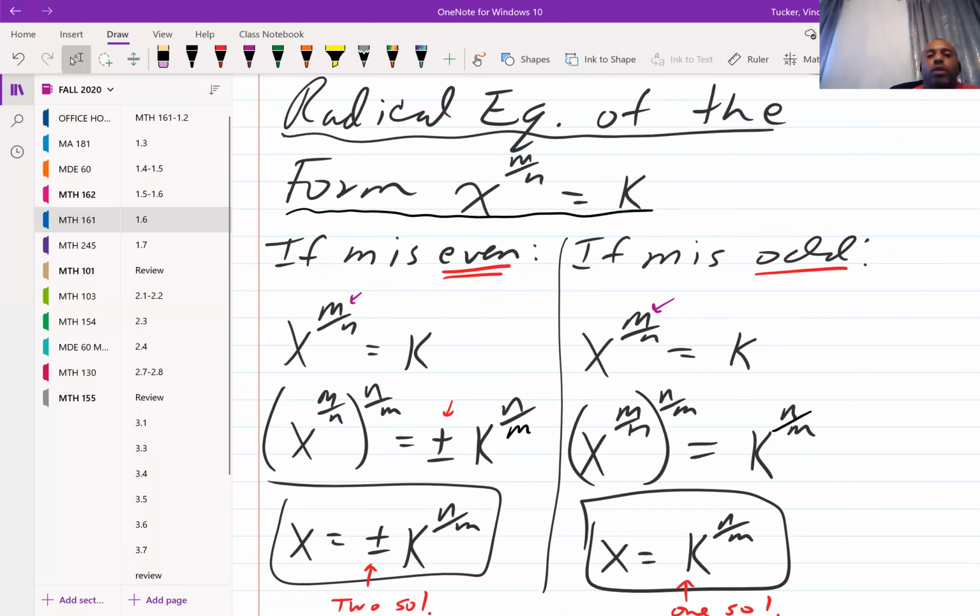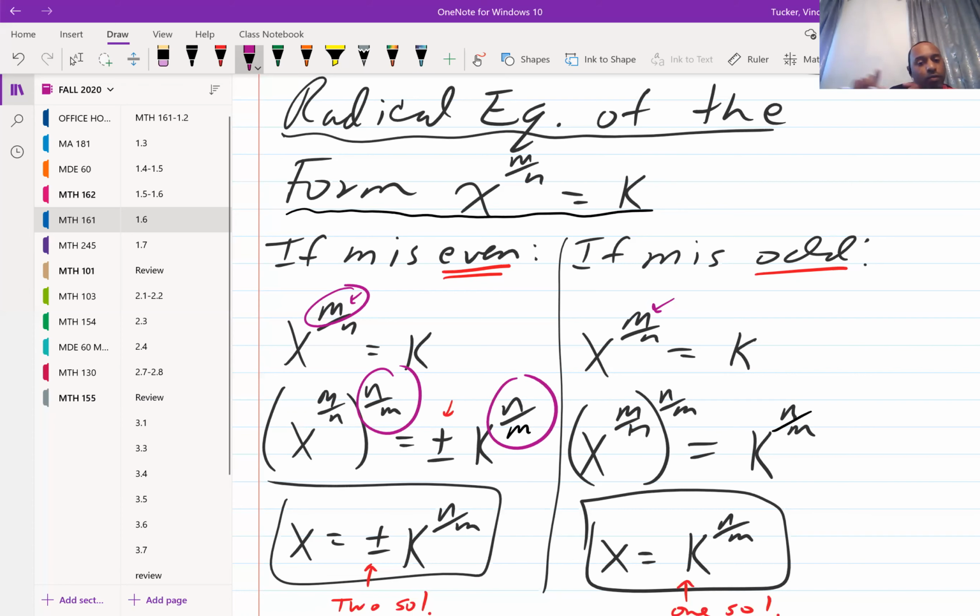All right. So we're looking at a radical equation of the form x to the m over n power. So if m is even, the top number of the fraction in your exponent, when you go about solving, we're going to raise both sides, in both cases, whether m is even or odd, to the power of the reciprocal of the fraction.